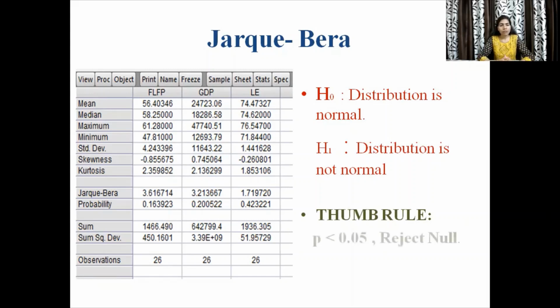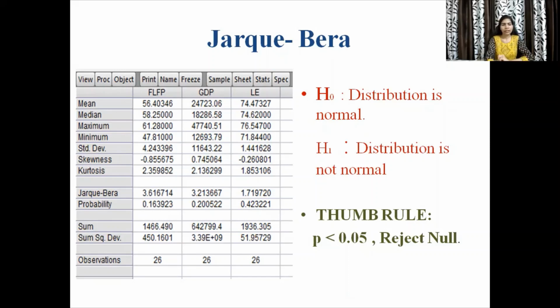That is, if the probability of Jarque-Bera is less than 0.05, okay, it is less than the 5% level of significance, then we reject the null hypothesis, the null hypothesis of normal distribution. As in this case, as we can see, the probability of Jarque-Bera is greater than 0.05. Okay, so we do not reject the null hypothesis and we conclude that the distribution for all these variables is normal.